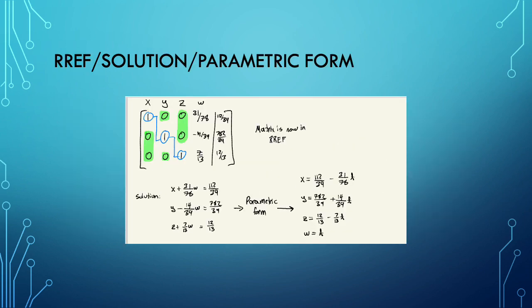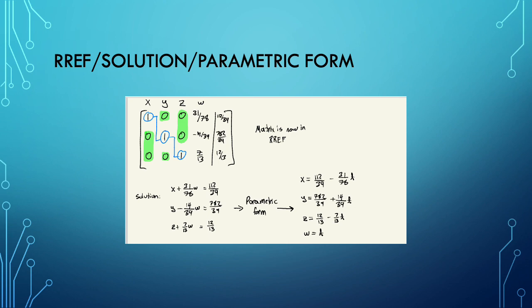Now you can see that the matrix is in RREF form, and you can see below the solutions are X plus 31 over 78W equals 112 over 39, Y minus 14 over 39W equals 782 over 39, and Z plus 7/13 W equals 12 over 13.